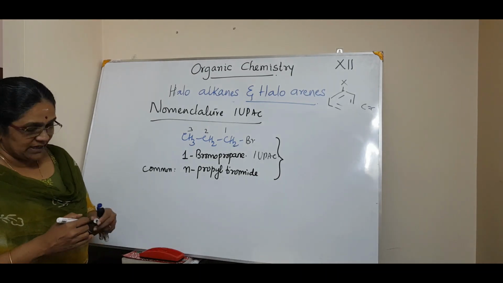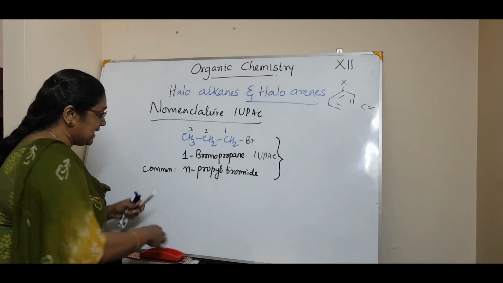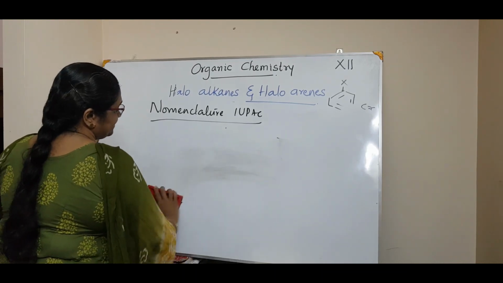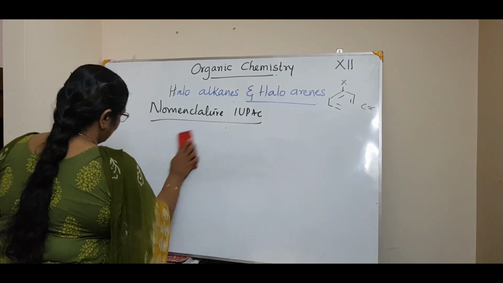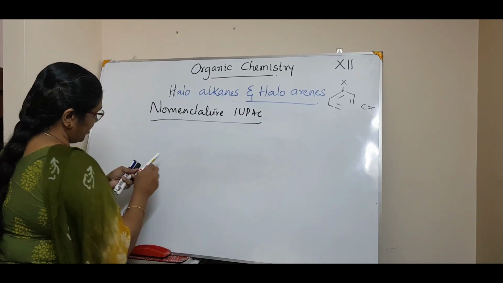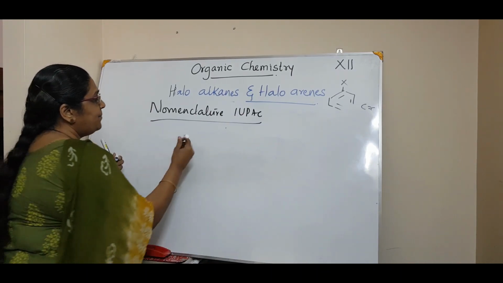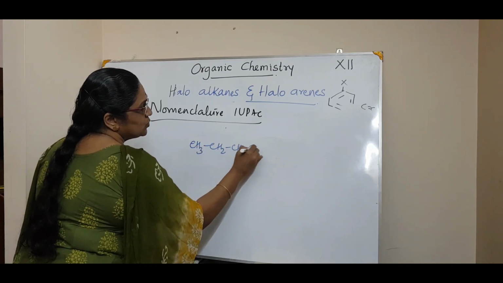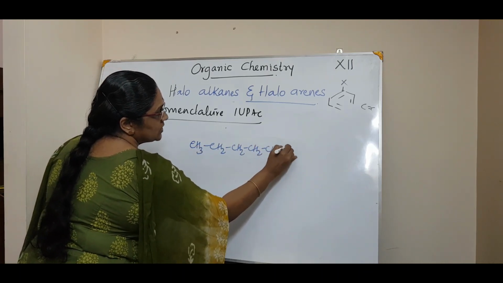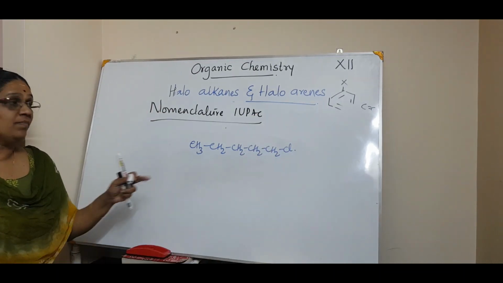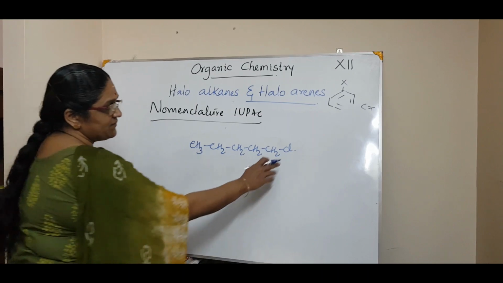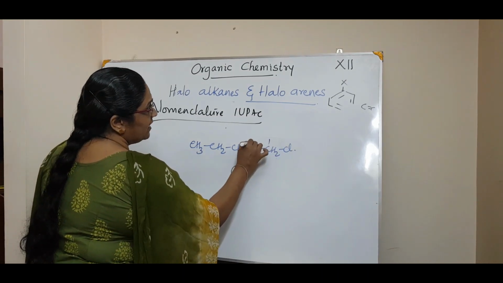Now we will see one more example, just for your practice. CH3, CH2, CH2, CH2, CH2, Cl. Tell me, what is the IUPAC name? You have to number in such a way that the functional group gets the least number.